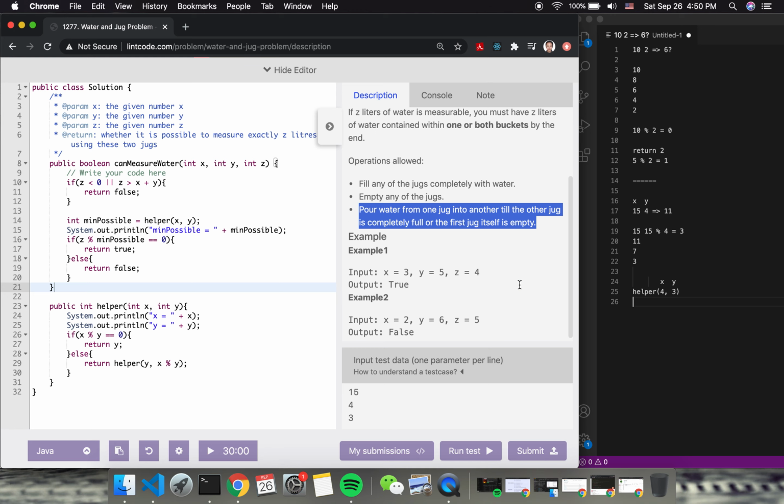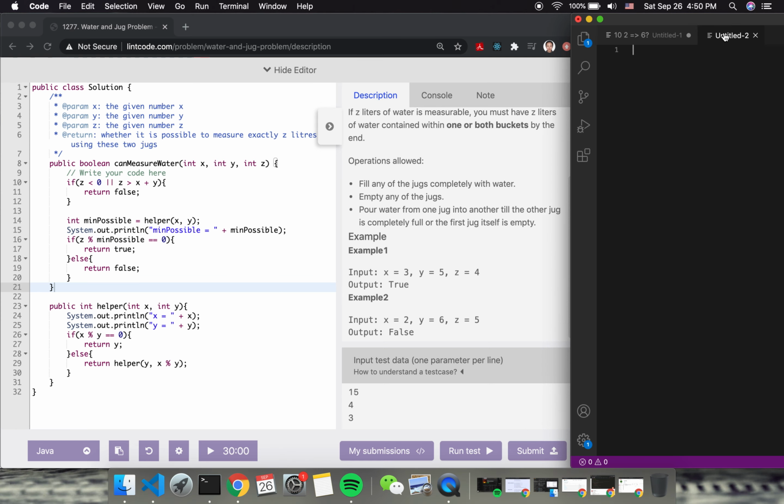Okay, here's an example. One jug has volume 3, and another has volume 5, and Z is 4. We can use 3 and 5 to get a 4. So how does it work? Can we get a 4 from the 3 and 5?